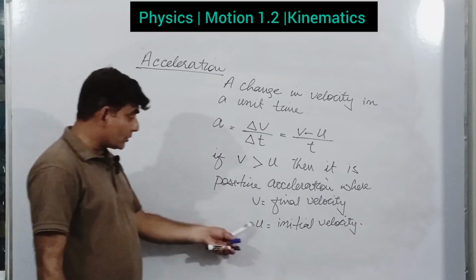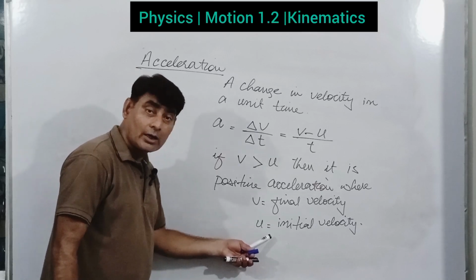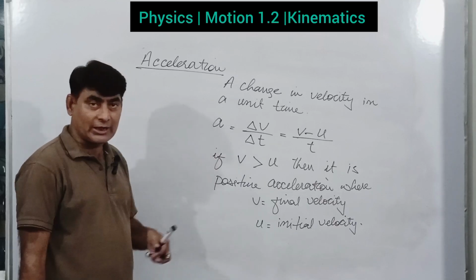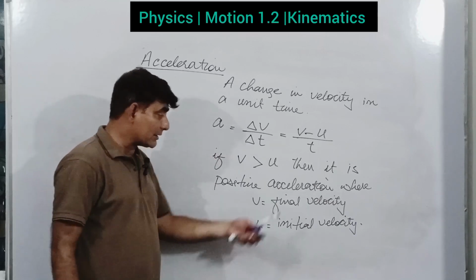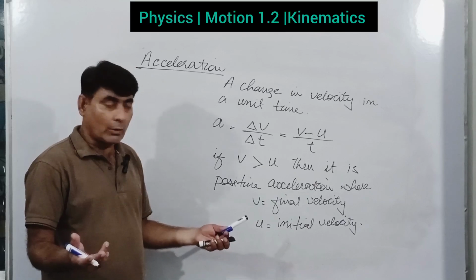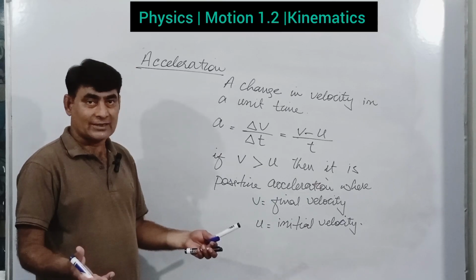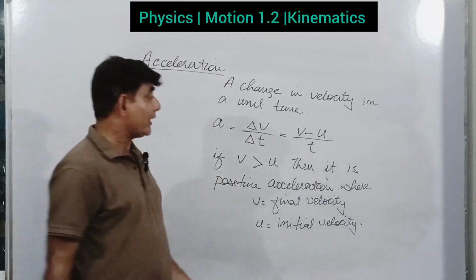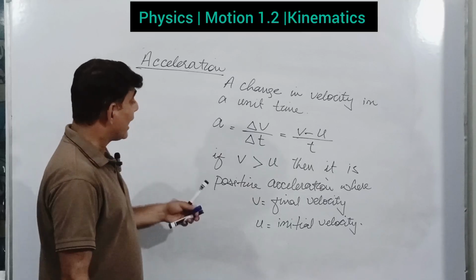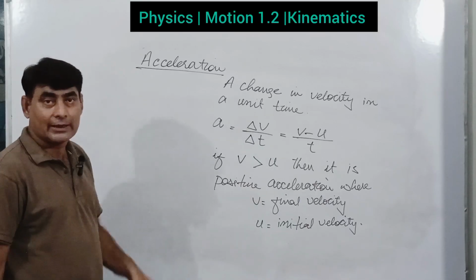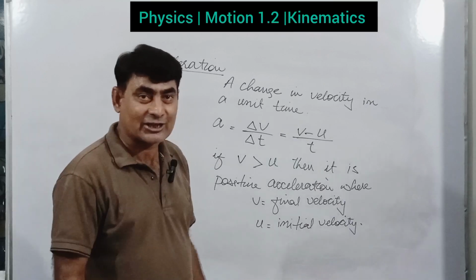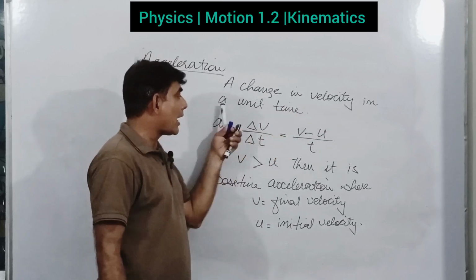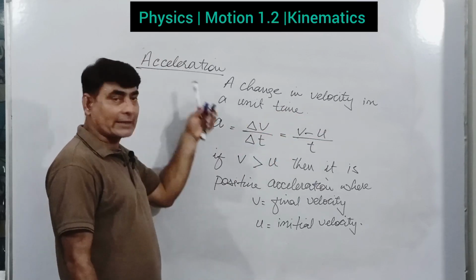The change in velocity in a unit time is called acceleration, and we have a positive value. This is positive acceleration. Simply we pronounce it acceleration. It is important that we define acceleration in comparison with negative acceleration. So a positive change in velocity in a unit time is called acceleration.